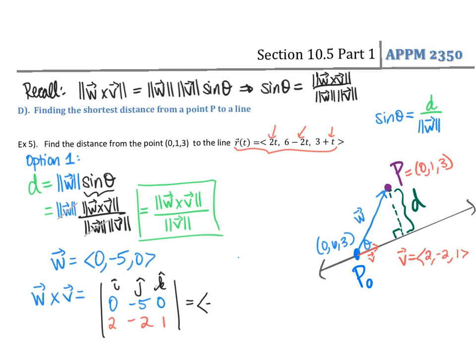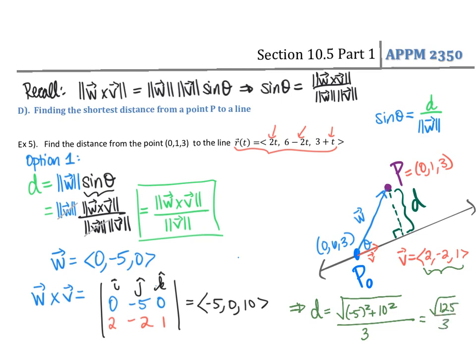Okay, and when we do that, we should get -5, 0, 10. Distance is just going to be the magnitude of this vector, which is the square root of 125 in the numerator, divided by the magnitude of v here, which is just going to end up being square root of 9, which is 3. So I get square root of 125 over 3, which actually will simplify to 5 square root of 5 over 3.